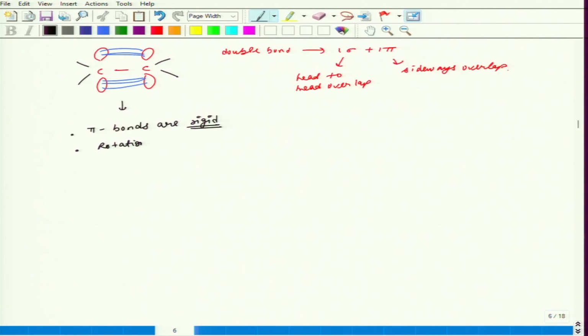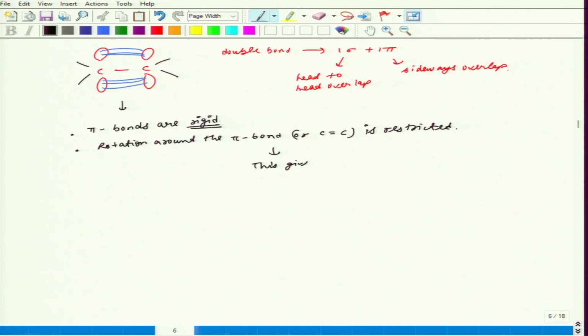Rotation around the C double bond C is restricted, you can't rotate it, and if you can't rotate it, this gives rise to another isomerism.